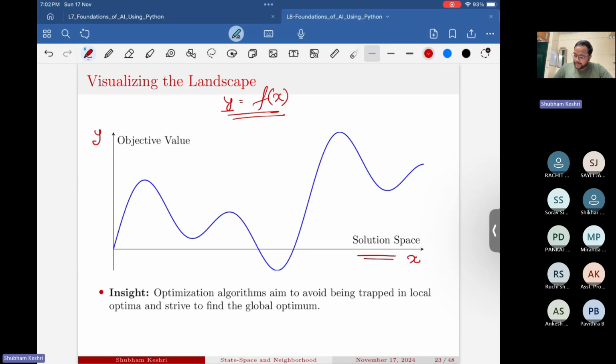What I'm saying is over here you have a one-dimensional problem which is x, and this x influences y. This line constitutes the search space, and this y constitutes the objective space. You can recognize this as calculus.